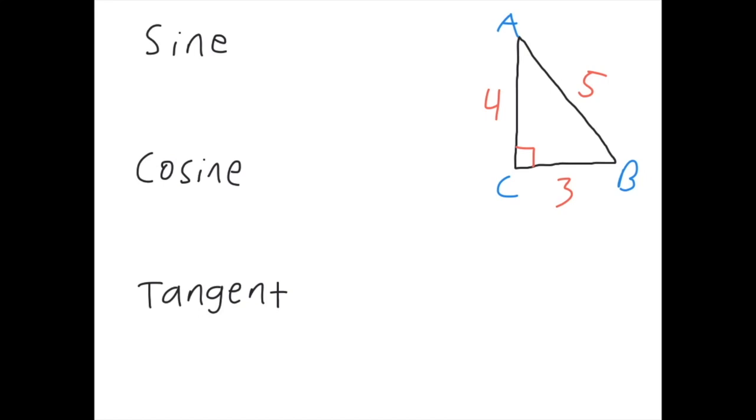So each of these trig functions have a different ratio regarding the angle that you choose to take the trig function of. The sine of an angle is known as the opposite side over the hypotenuse.